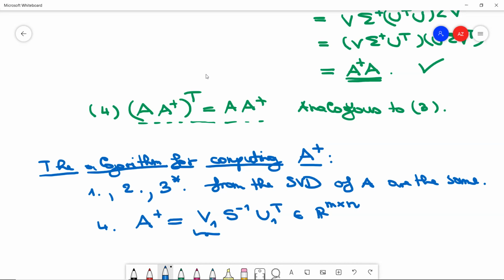This V1 is an M times R block matrix, then S inverse is R times R, and U1 transpose is R times N. U1 has N rows and R columns, and then we transpose, so it has R rows and N columns.